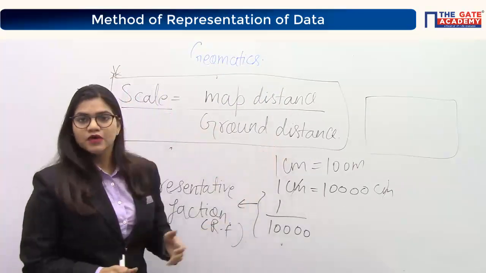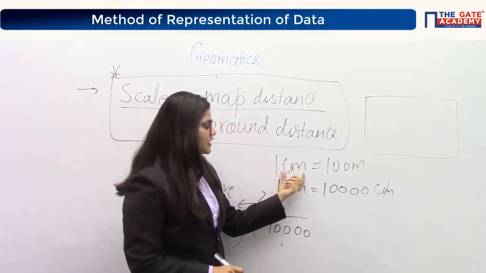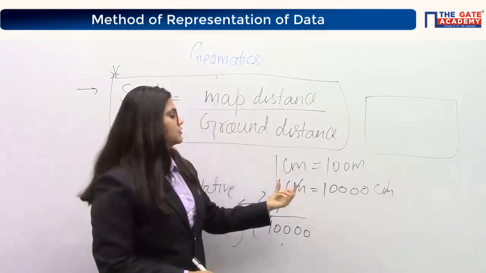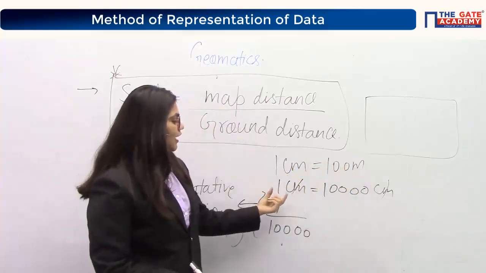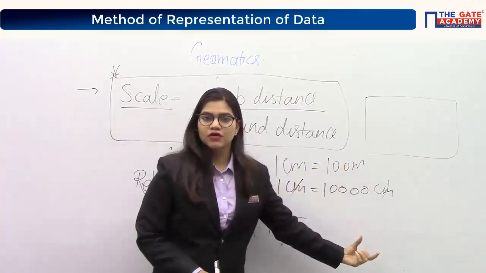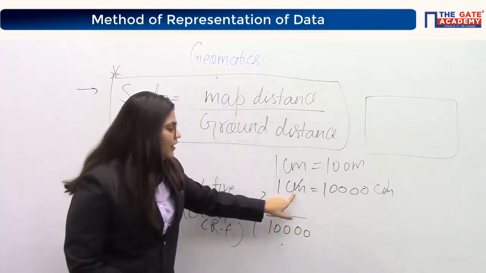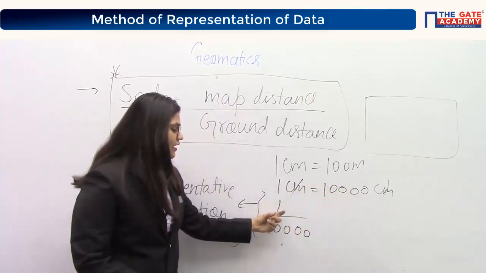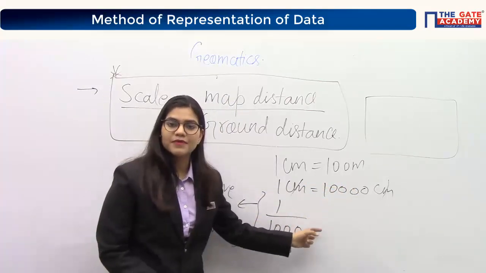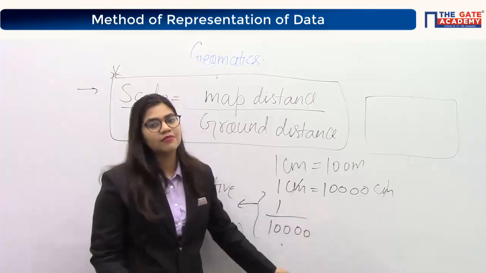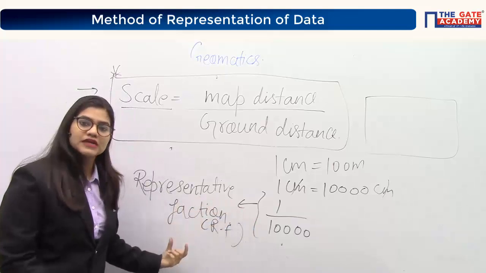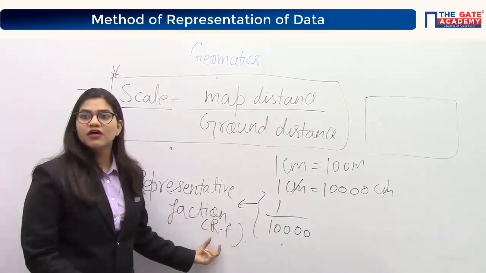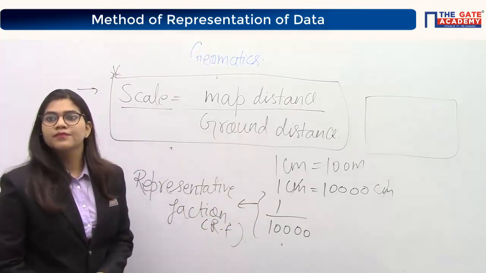So if 1 centimeter on map is representing 100 meter on ground, I can also write it in this term: 1 by 10,000. If I am representing my scale in this term, then we call it representative fraction. This is your RF. Okay, clear?